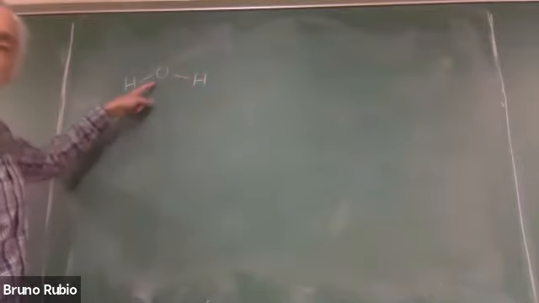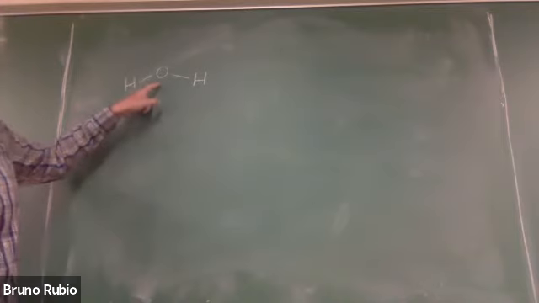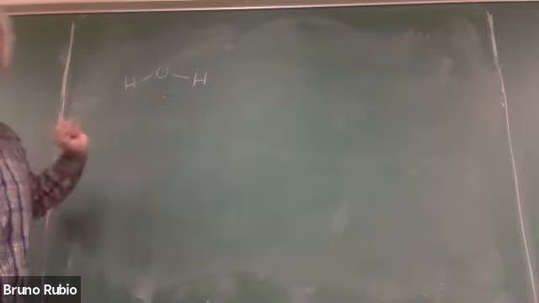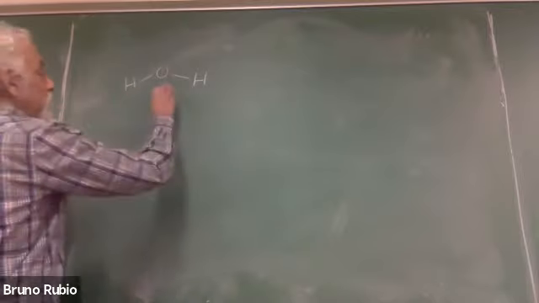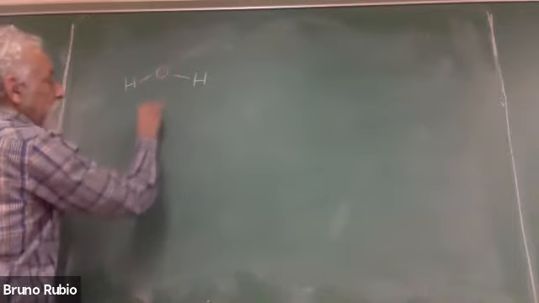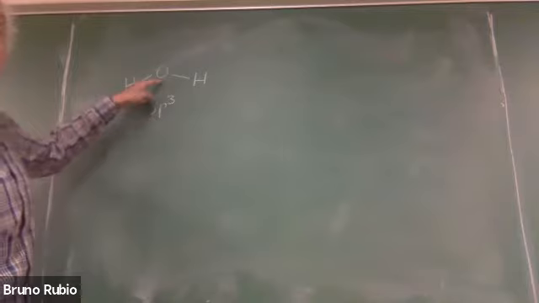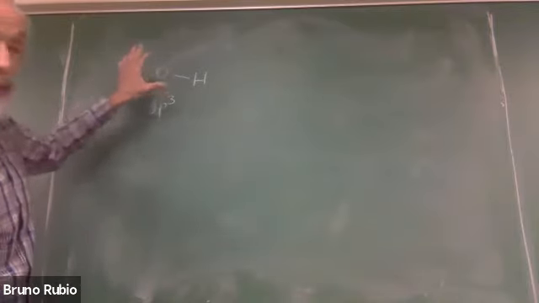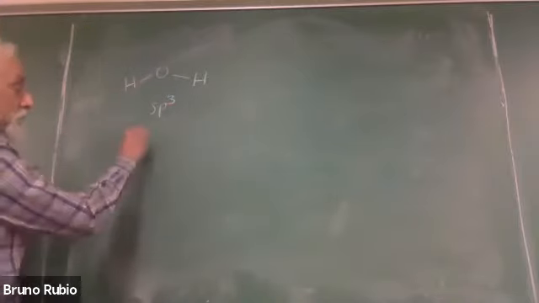Water. What is the hybridization state of the oxygen atom in water? sp3, right? That's sp3. How many p orbitals, up and down or in and out or side to side or whatever, would we find on this oxygen atom? 0.